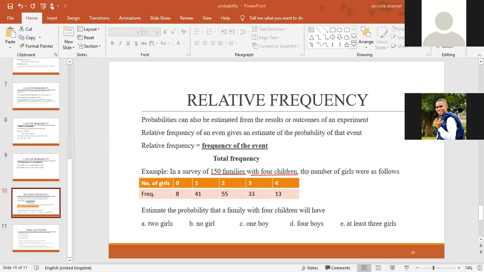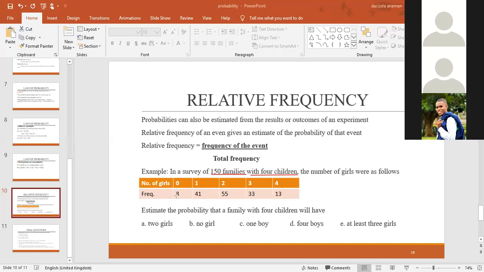Now, the number of girls were as follows. These are the number of girls in that survey, so boys are not represented here. Families who have 4 children but had 0 girls means all 4 children were boys, and there were 8 families.